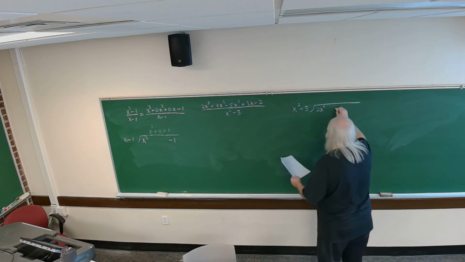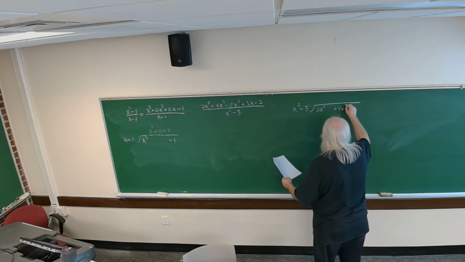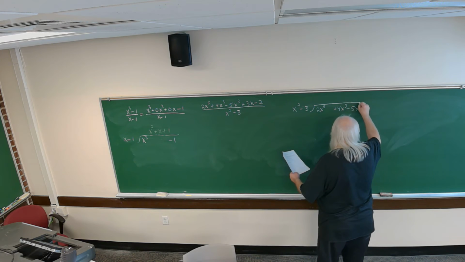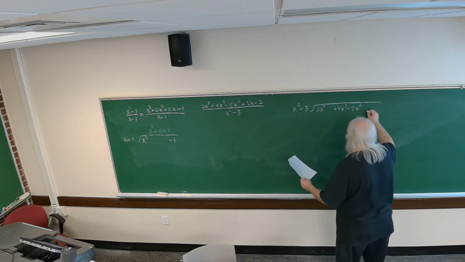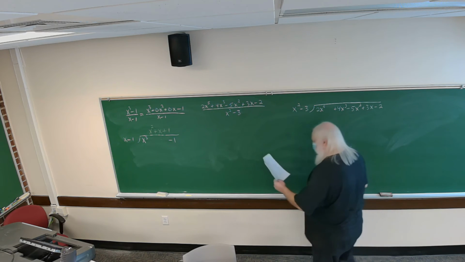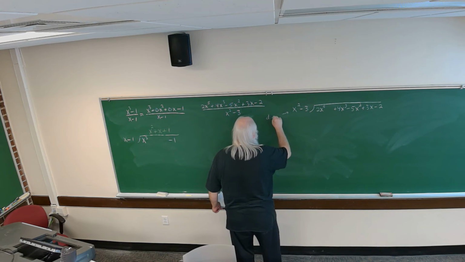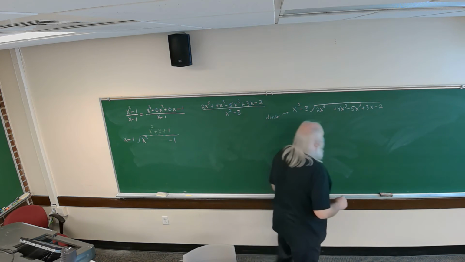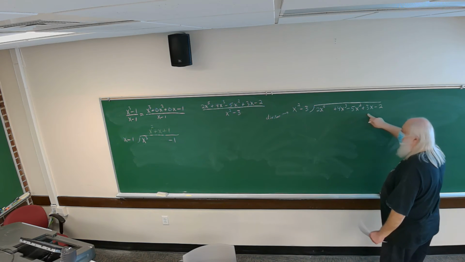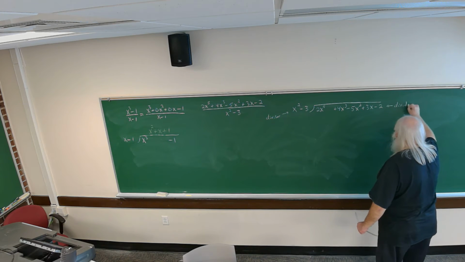And then we have plus 4x cubed minus 5x squared plus 3x minus 2. So x squared minus 3 is our divisor in this problem, and 2x to the 5th plus 4x cubed minus 5x squared plus 3x minus 2 is our dividend.